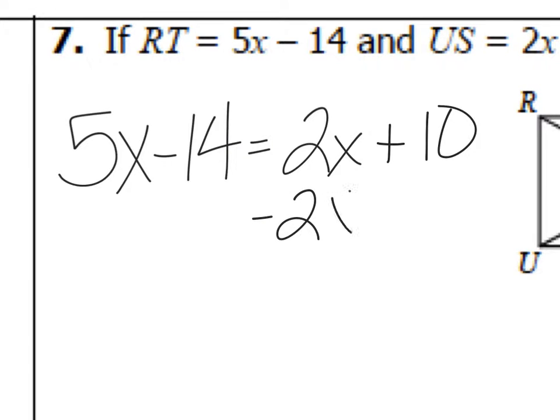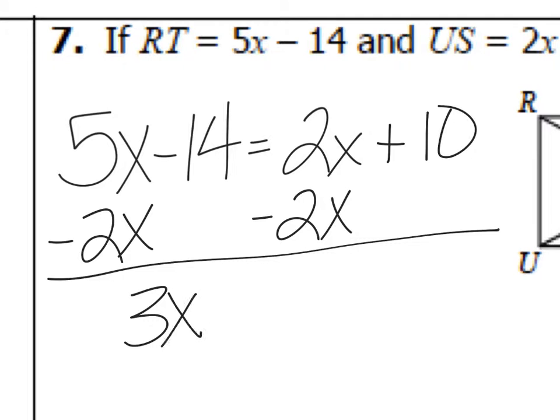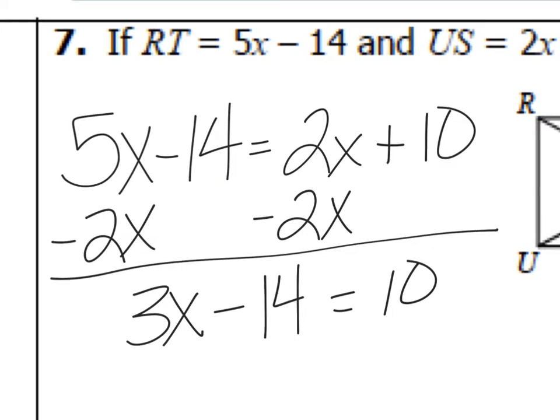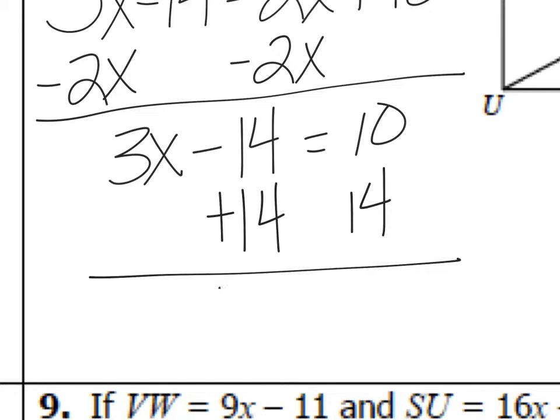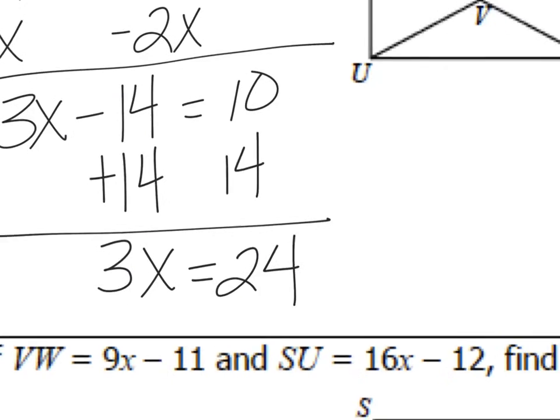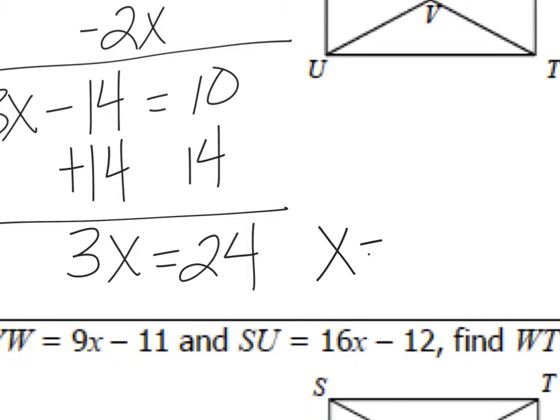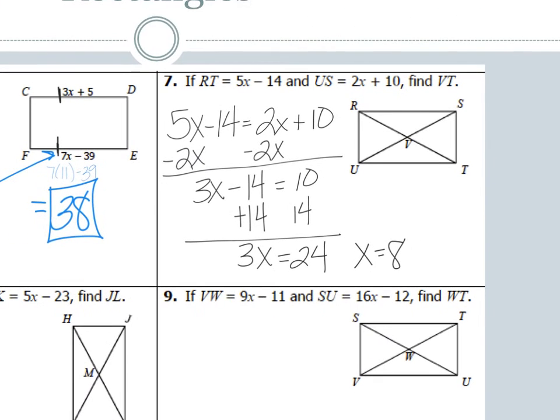So if I subtract 2x from both sides, now I add 14 to both sides. I get that x equals 8, which is awesome, except it wants to know VT, and VT is half of RT.